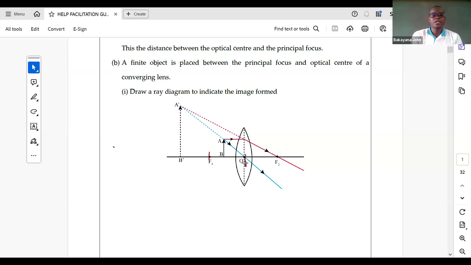What kind of image do we expect if the object is placed between the optical center and the principal focus? So the image expected is going to be, by construction, a magnified and virtual image. Is that okay?